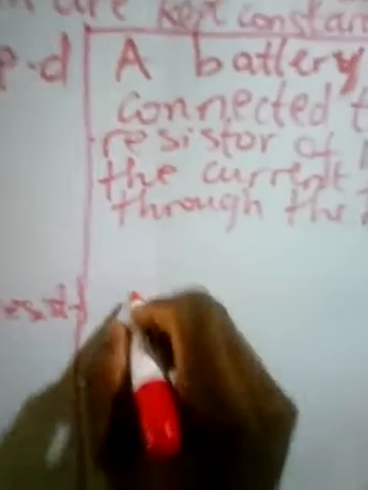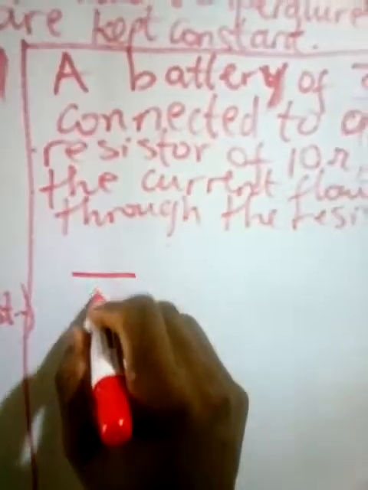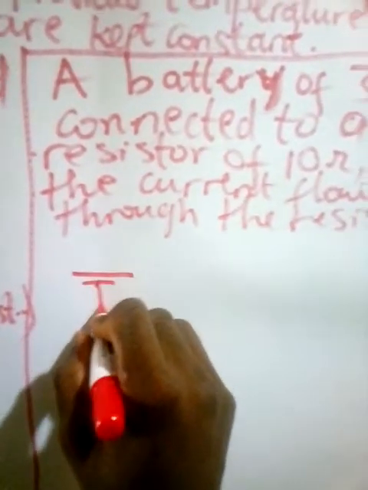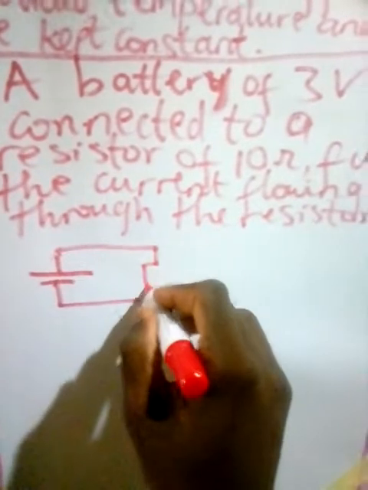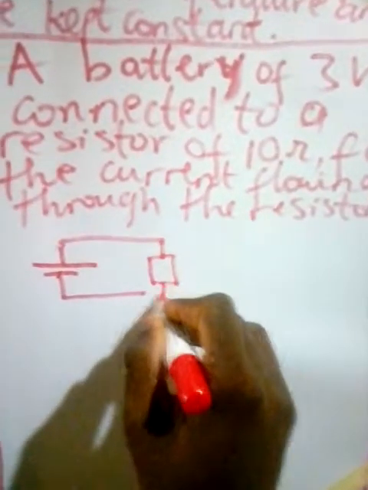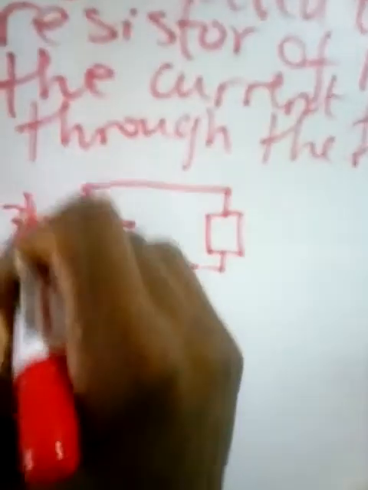Assuming this is our battery, and it is connected to a resistor, and the battery is of 3 volts, the resistor has a resistance of about 10 ohms, as we were told.